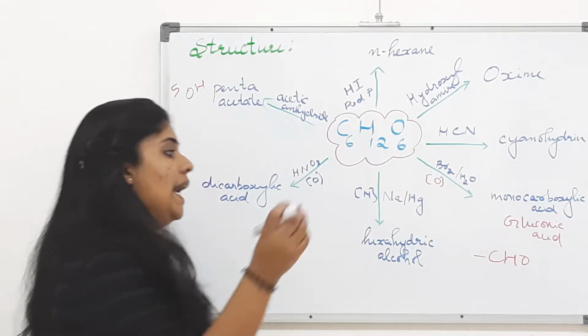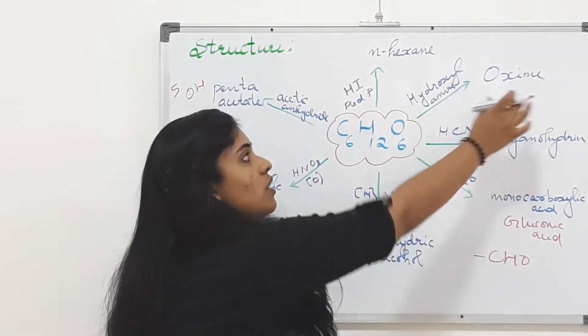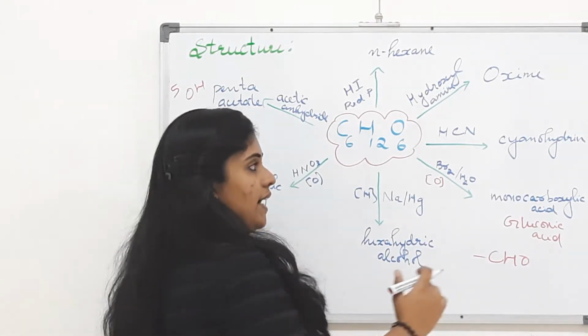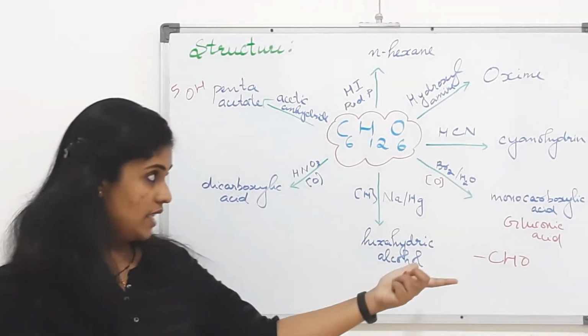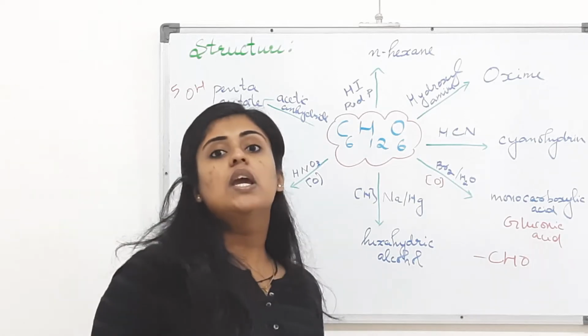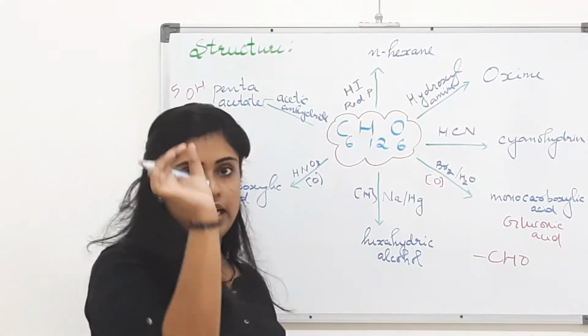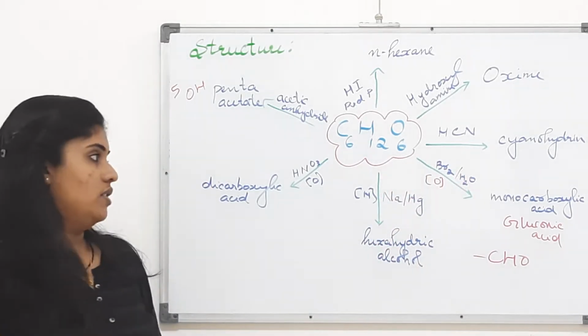Aldehydes are the ones that give oximes with hydroxylamine, and another characteristic reaction of aldehydes is cyanohydrin formation with HCN, which we already saw previously in the chain lengthening and shortening part, in part 2.